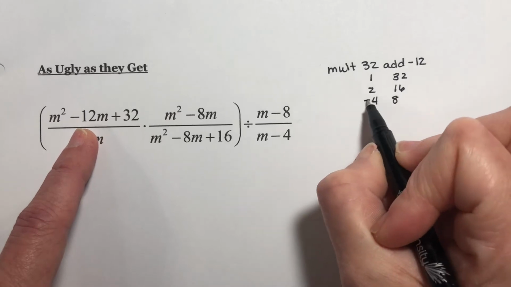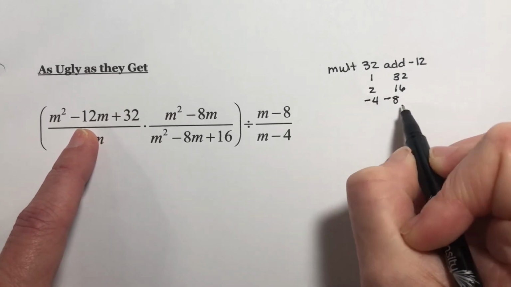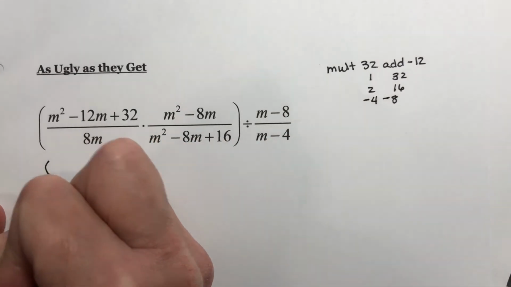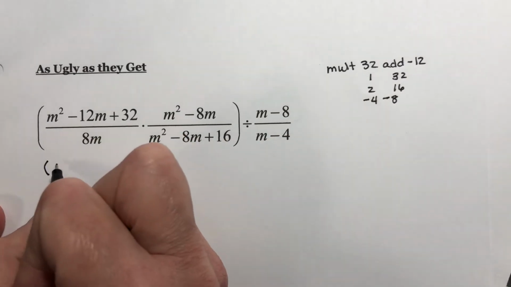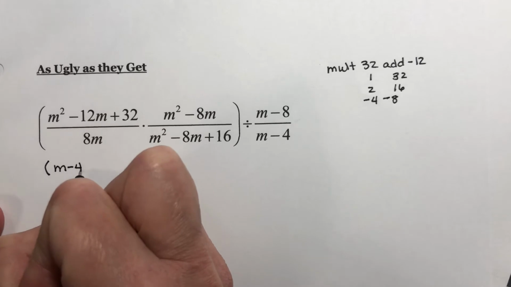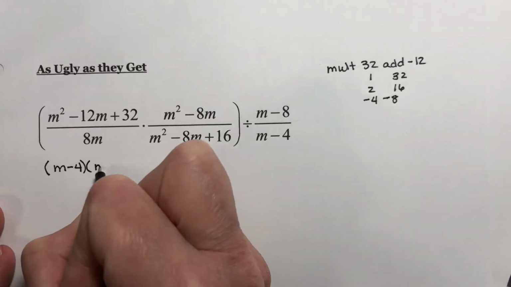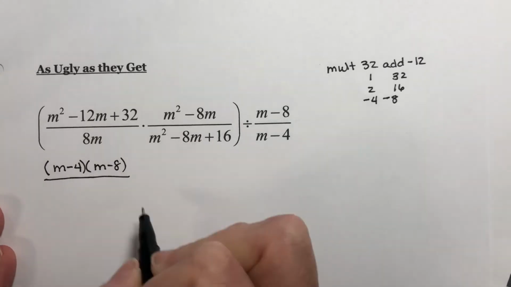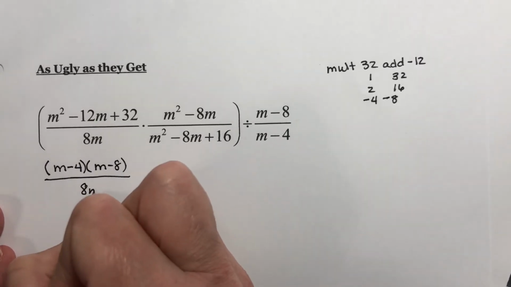If I make both of these negative, they multiply to positive 32 and they add to negative 12. So this first one here factors as m minus 4 times m minus 8. And this is over 8m, which just stays there, times.